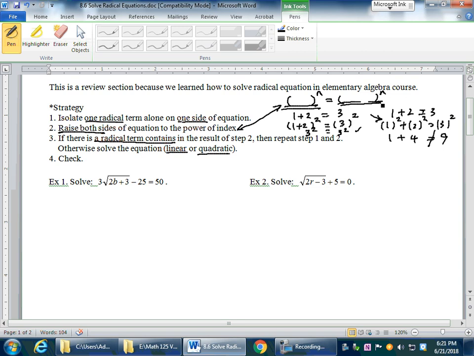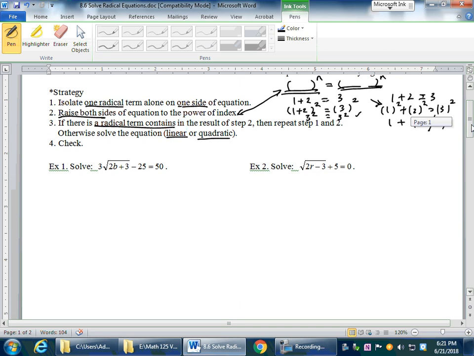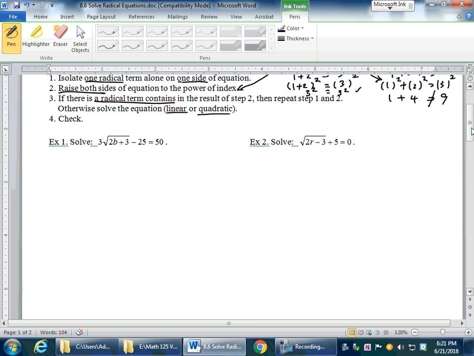Okay. So now let's take a look at the first example. First, I want to isolate the radical term by itself. That means I need to add 25 to both sides. So that will become 3 times the square root of 2b plus 3 is equal to 75.